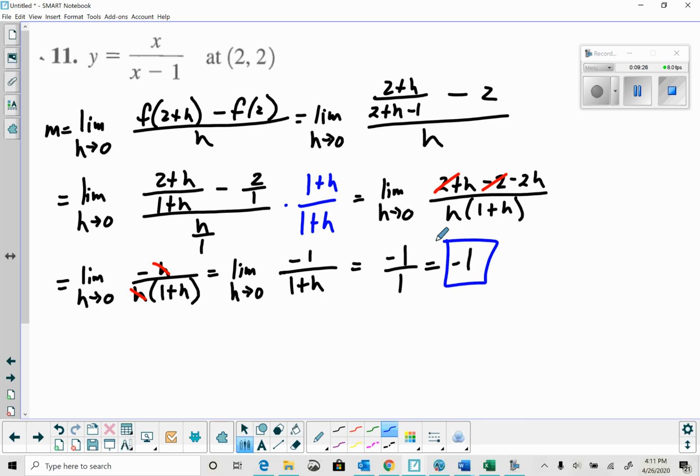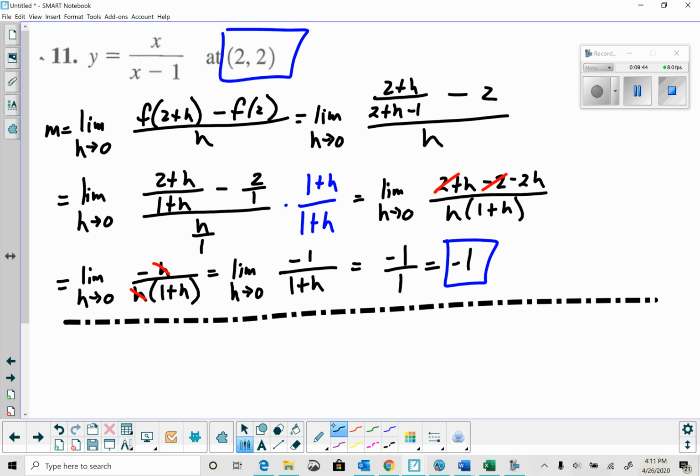Now again, the directions here were a bit different. They asked for the entire equation of that tangent line. Well, we were told it goes through this point. We've just determined what the slope is. Time for slope-intercept form. y minus 2 is equal to negative 1 times x minus 2.